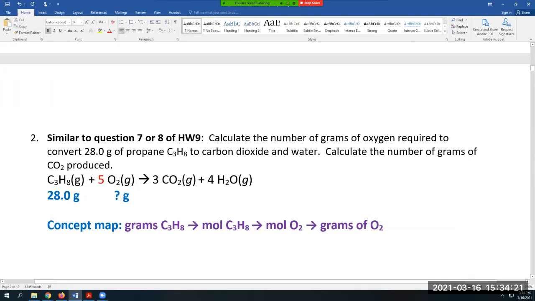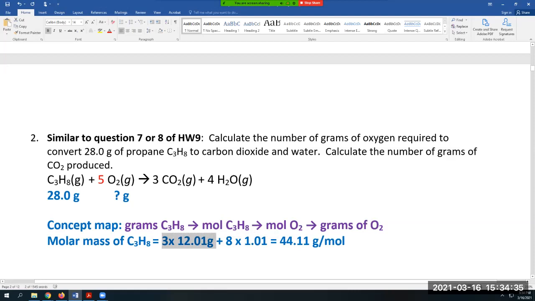So we will need molar masses. The molar mass of C3H8. And here, for the molar mass of C3H8, you take 3 times the molar mass of carbon. By now, I hope you remember carbon is 12.01 grams per mole.